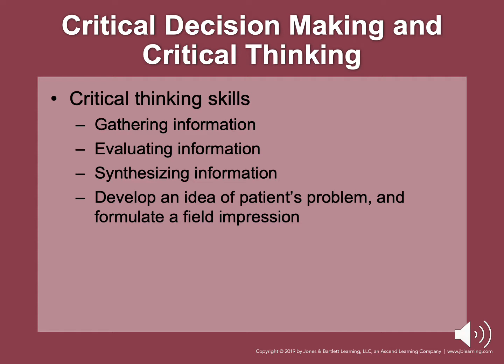Here's your 12 lead. That's a field impression. That doctor's going to make the final diagnosis. That doctor's going to say, hey, yes, you're having a heart attack, and they're going to evaluate this information. So we gather the information up, we take the signs and symptoms, and we put it together to make a field impression of what's going on.